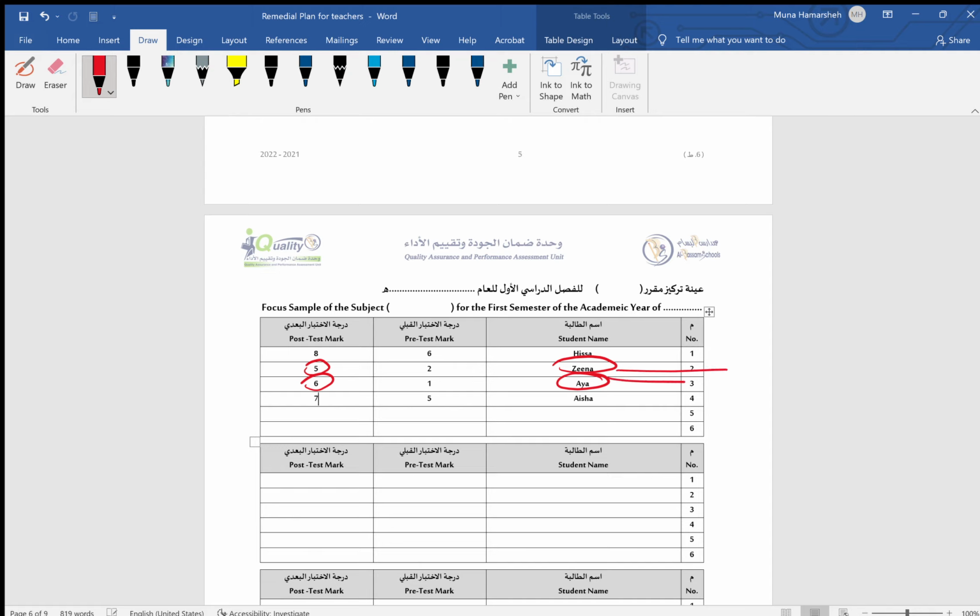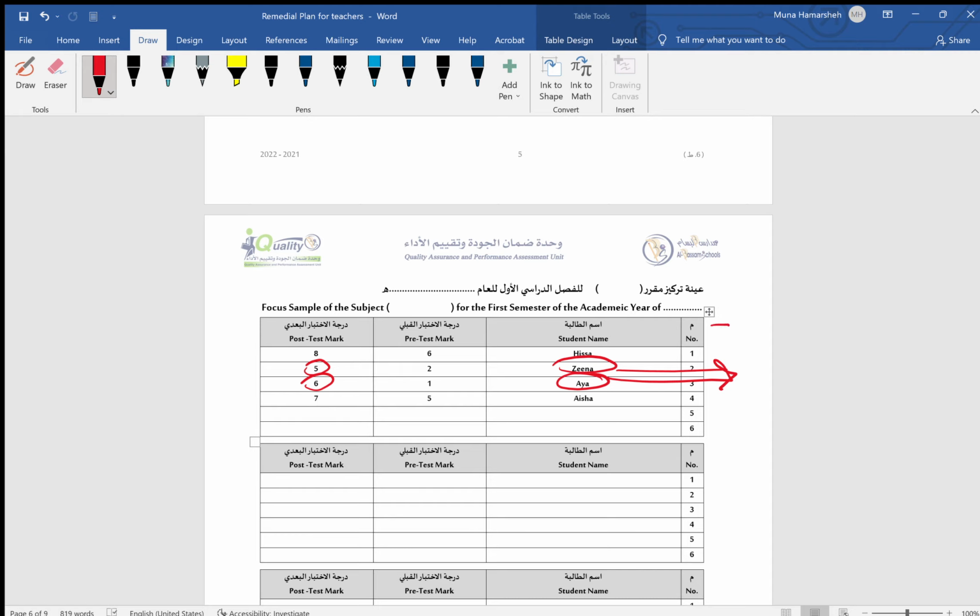Those two students, I will give them an extra worksheet. I will check the main reason that they are not mastering the skills. Still, they're struggling. I have to contact their parents and give them my feedback and my recommendation. What should we do with these two students in order to put them above 70%?